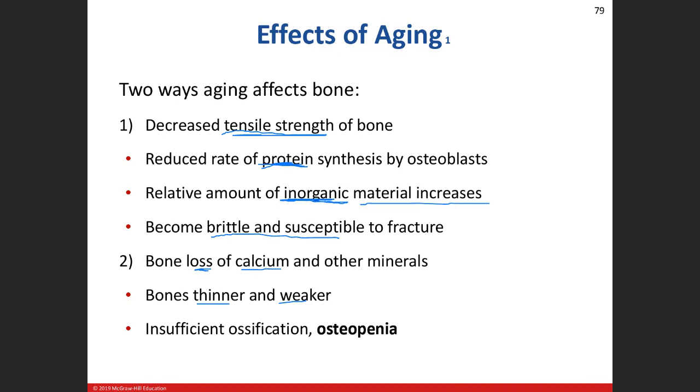Osteopenia, by definition, is just a decrease in bone density, and then there are certain levels. If it's really bad, then we call it osteoporosis. But osteopenia makes the bone thinner and weaker, more susceptible to certain pathologies. I'm not going to necessarily say a fracture, but it can eventually lead up to that.